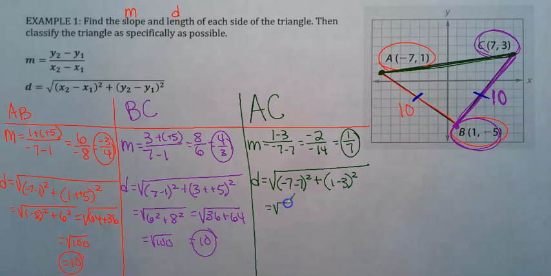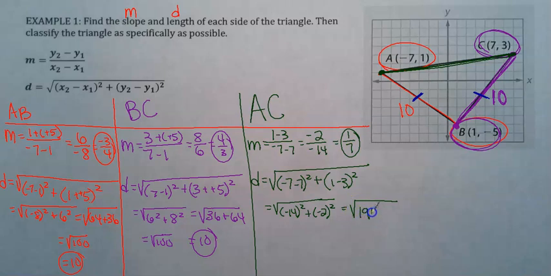So this equals the square root. Negative 7 minus 7 is negative 14 squared, plus 1 minus 3 is negative 2 squared. All right, so this is going to be equal to the square root of 14. Negative 14 squared is 196.